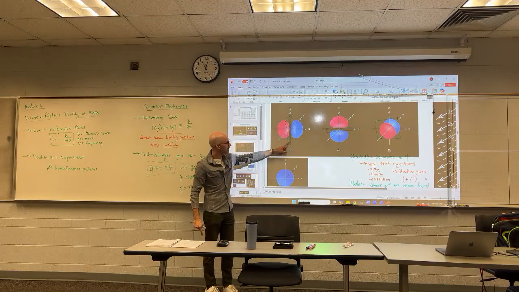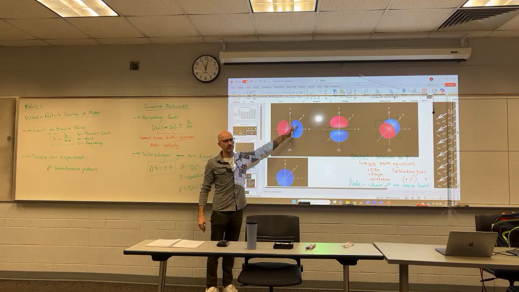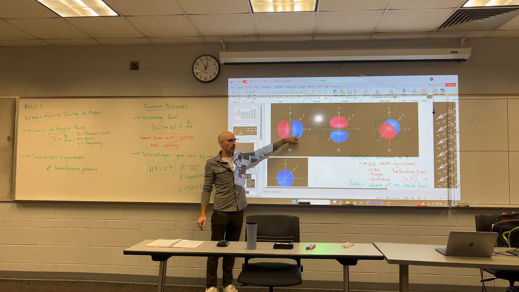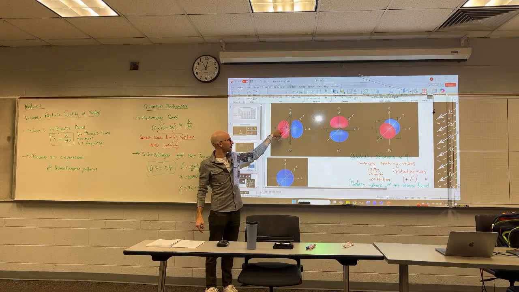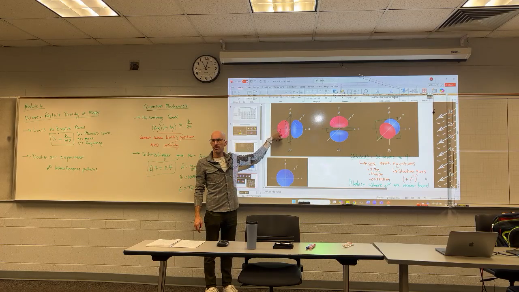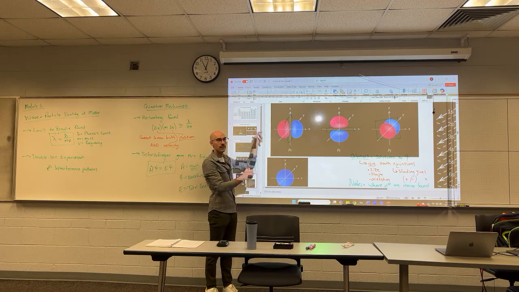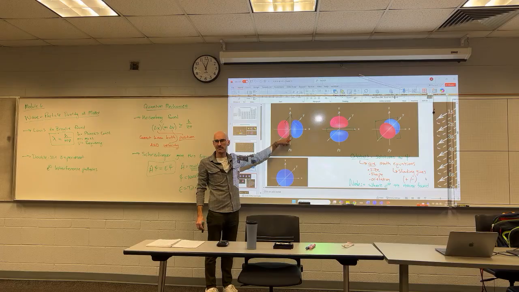Electrons are never found here, despite this being one solution. Can an electron that's found here ever end up over here? Why? Because it can't go through that region? This is the electron, but it's never found here.